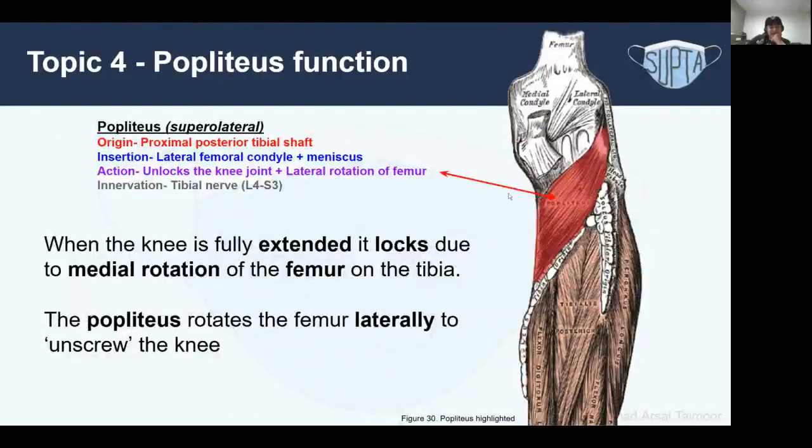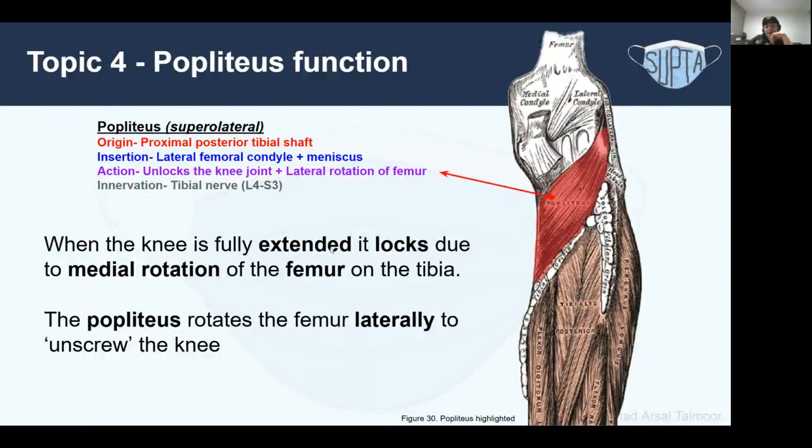Popliteus is basically the pop and lock muscle. I like to call it that because it's responsible for unlocking, or unscrewing, I guess, the knee. When you stand and extend your knee fully, it locks to keep stability as you stand.